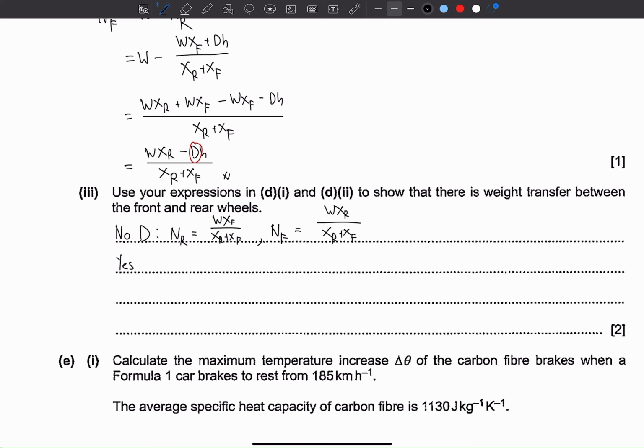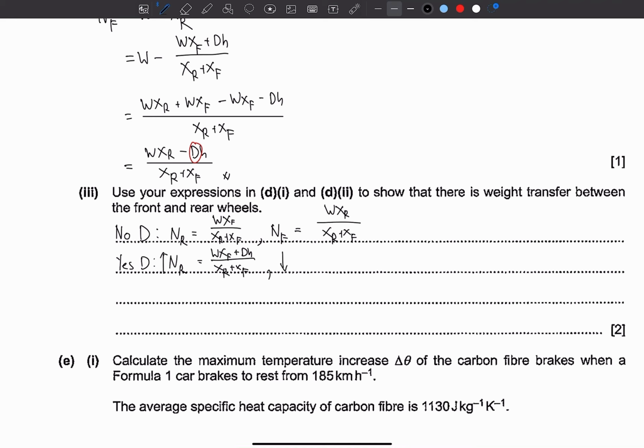However, when there is a driving force, the normal reaction force experiences an increase and becomes WXF plus DH all over XR plus XF.